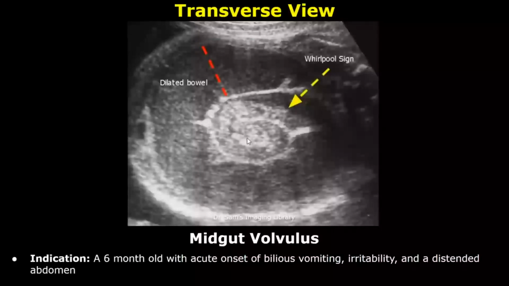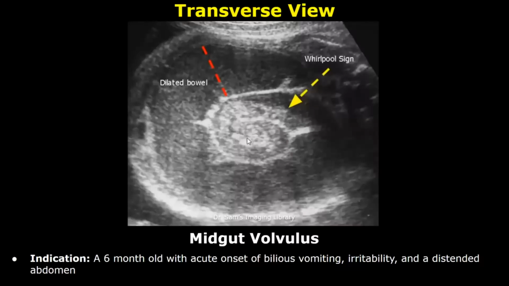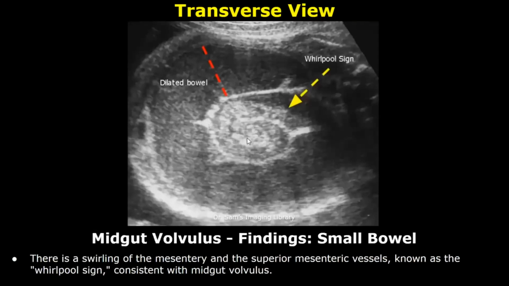This is a report for midgut volvulus. Indication is a 6-month-old with acute onset of bilious vomiting, irritability, and a distended abdomen. These are the findings.